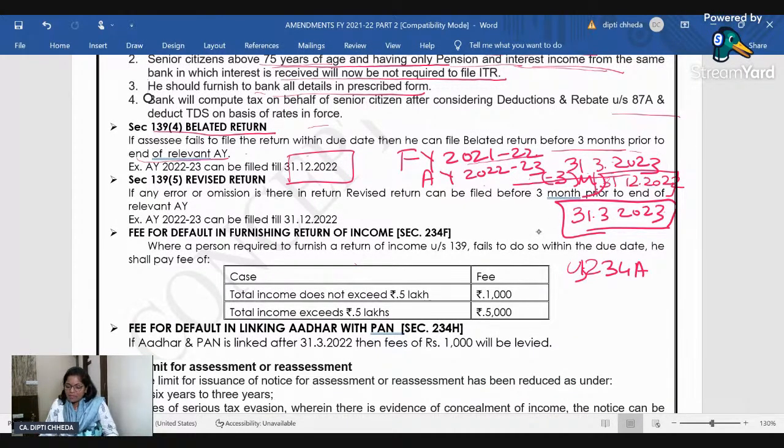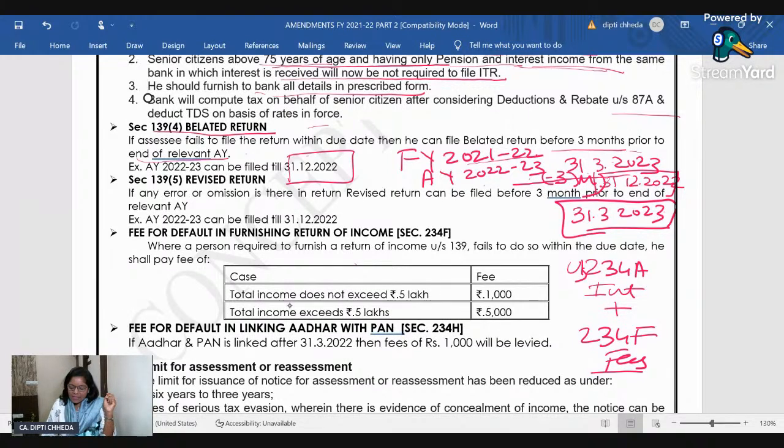So, if you file your return late, you have to pay interest under section 234A plus 234F fees, which was earlier up to December 5,000 and beyond that 10,000. Now the 234F fee has been changed for late furnishing of the return.